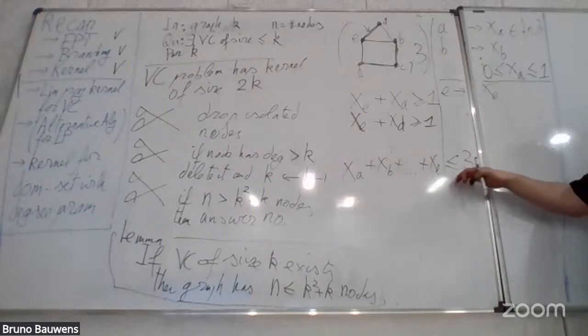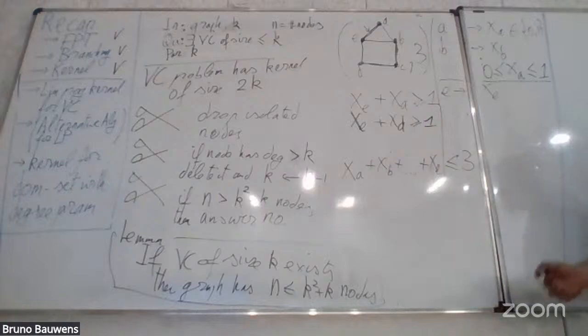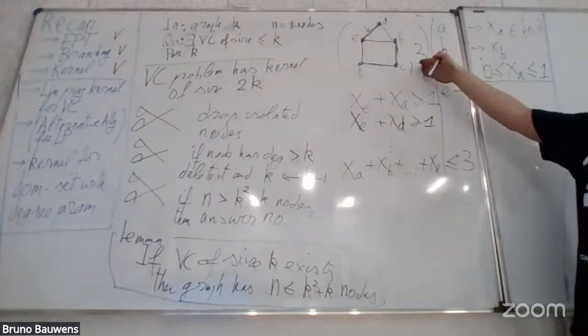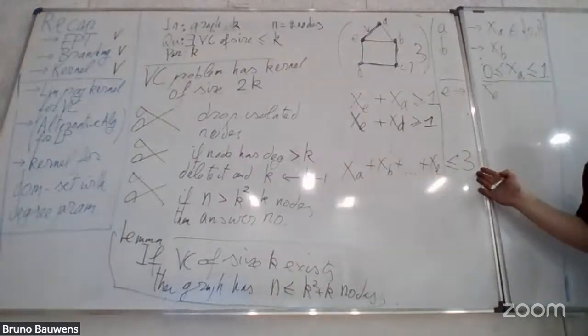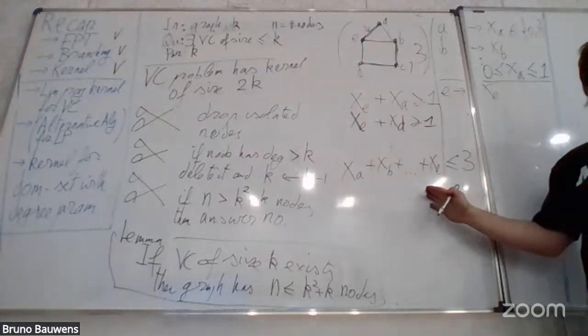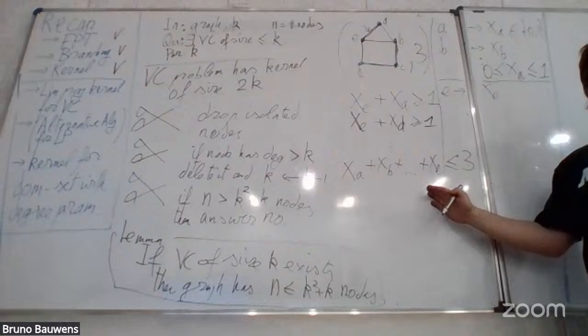So this is one more inequality. And now we have that a vertex cover of size 3 exists if and only if this system has a solution where all variables are integers, binary.